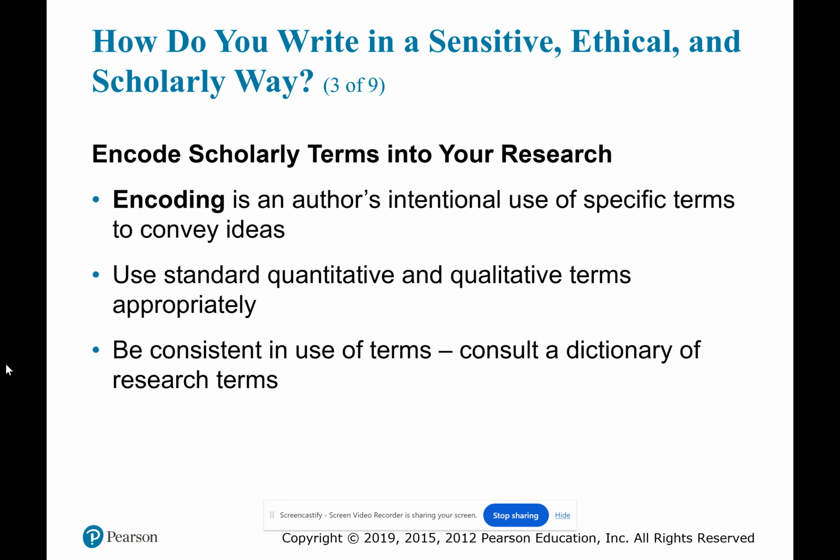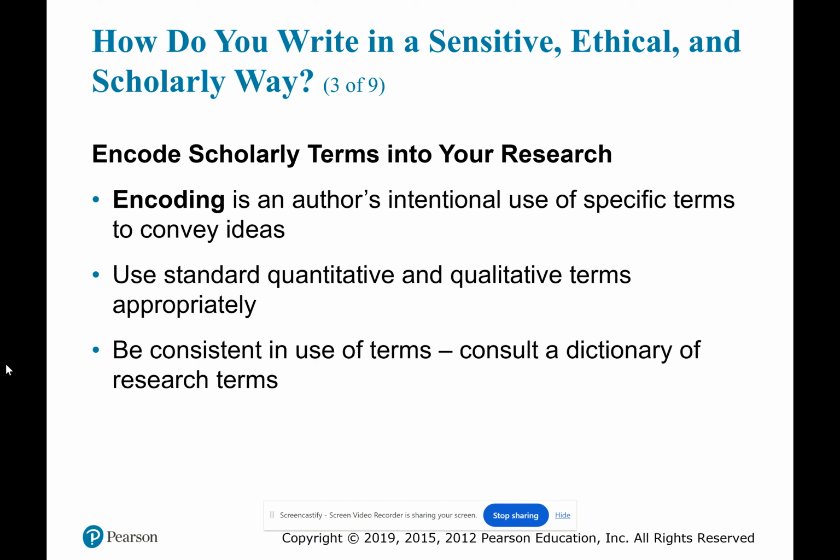Okay, so encoding. Use appropriate terms throughout. For example, whenever you call qualitative sampling random instead of purposeful, it shows your lack of understanding of the 2 approaches. So just know, if you're writing something is statistically significant, that you write that at the appropriate times.